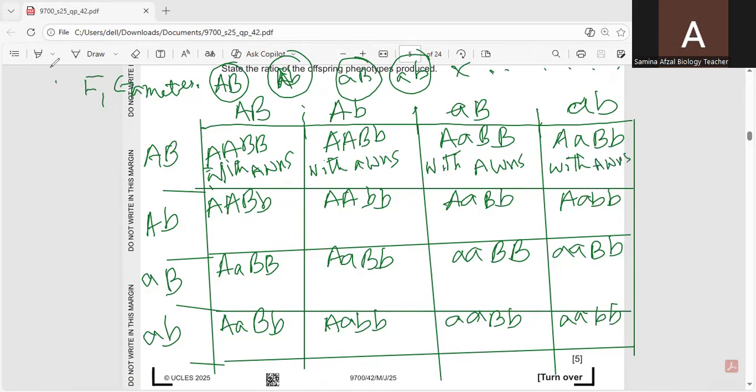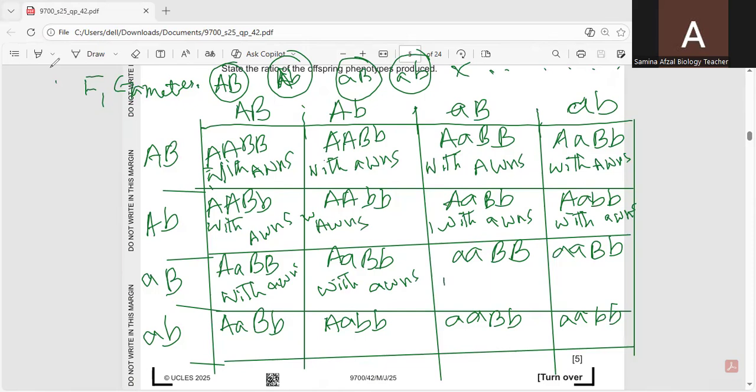It is a double hybrid cross, so out of 16 you know the 9:3:3:1 ratio, and wherever there is a capital letter it is with awns.